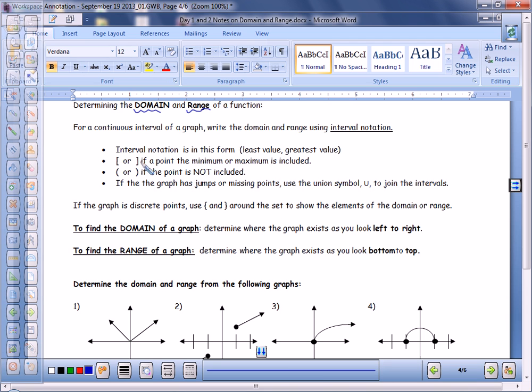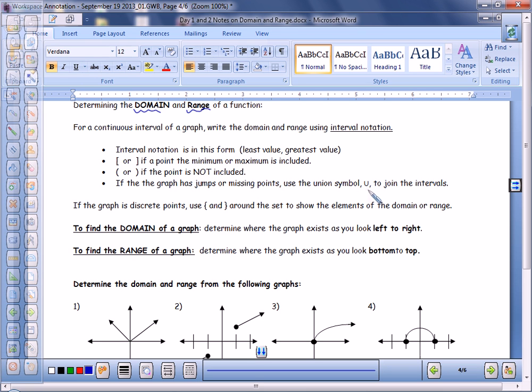All right, so we use brackets if the point is included. We use parentheses if it is not. And if it has any missing points or jumps, we use the union symbol, the U, to combine our intervals together.